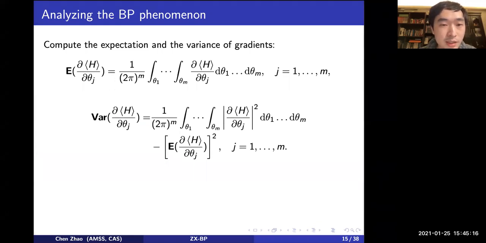Then computing the expectation and variance of the gradient will become the integration.